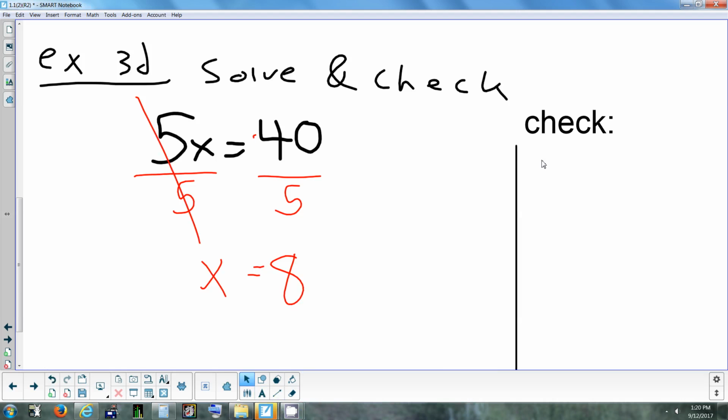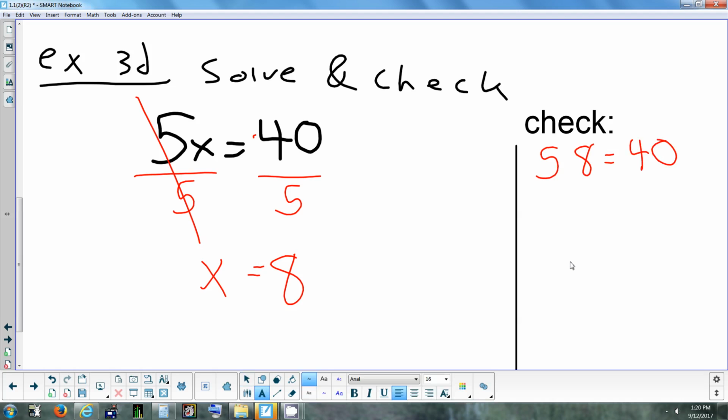Now we have to check it. I want to write out the expression so I can check it. 5 times 8 equals 40.